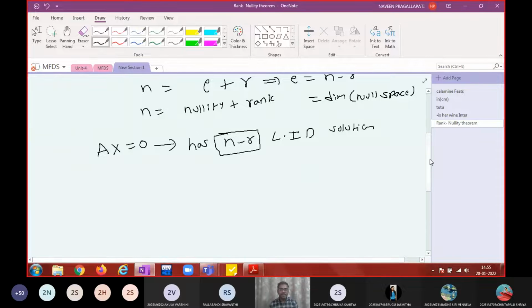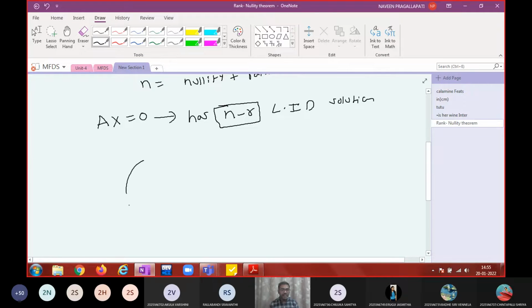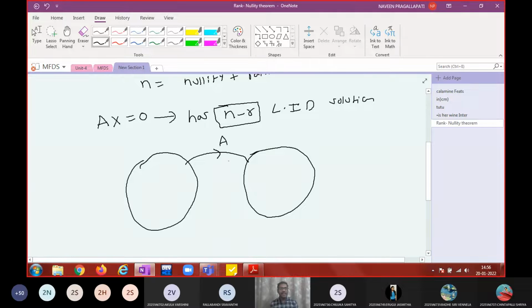Why? Because A is nothing but a matrix which is acting like a transformation. A is a transformation which I discussed earlier with FA. You have a space R^n to R^m, and you are taking x1, x2, and so on xn, which are mapped to 0.